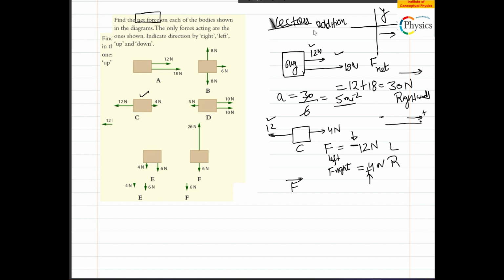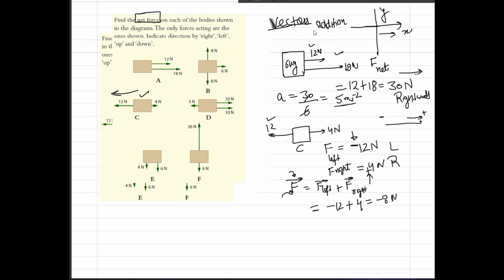Okay, I'm writing this arrow to represent that this physical quantity force is a vector, and I'm going to write this as the sum of the leftward force plus the rightward force. These are the two forces which are getting added. So minus 12 plus 4 is equal to minus 8 newtons, which means the minus 8 is a net force which is in the leftward direction.